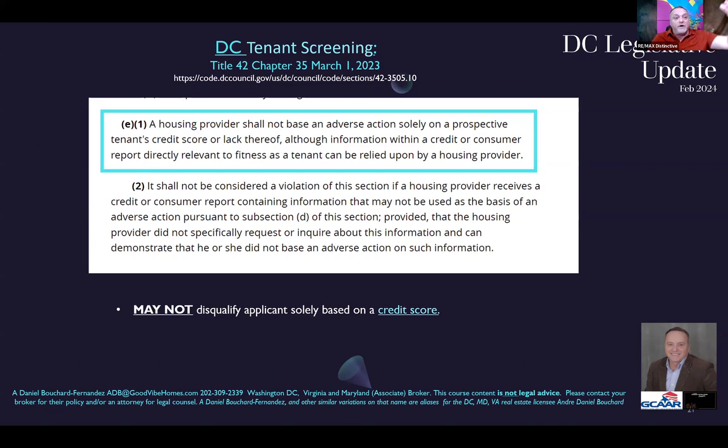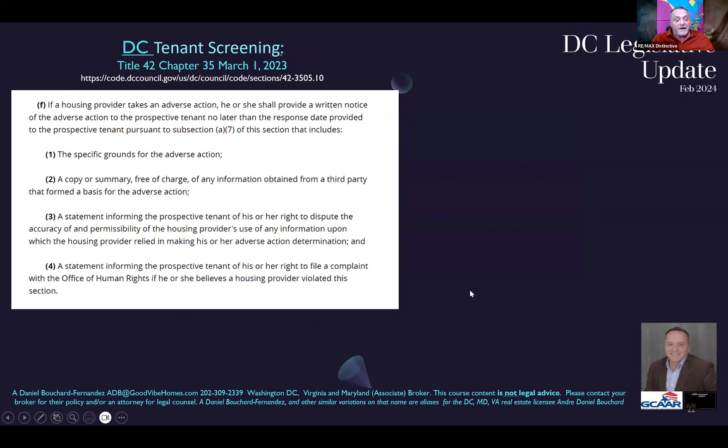So you're going to say, we will look for this stuff to approve you, and we will look for this stuff to disapprove you. And hopefully you'll fit into one of those categories, and that's where the approval will come in. So you cannot use a credit score as a basis for the decision making.